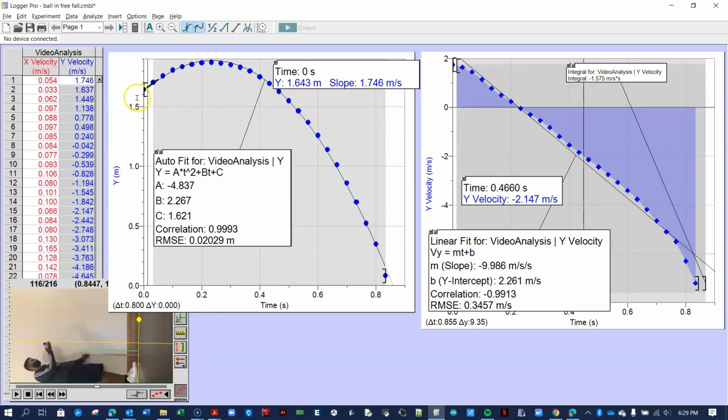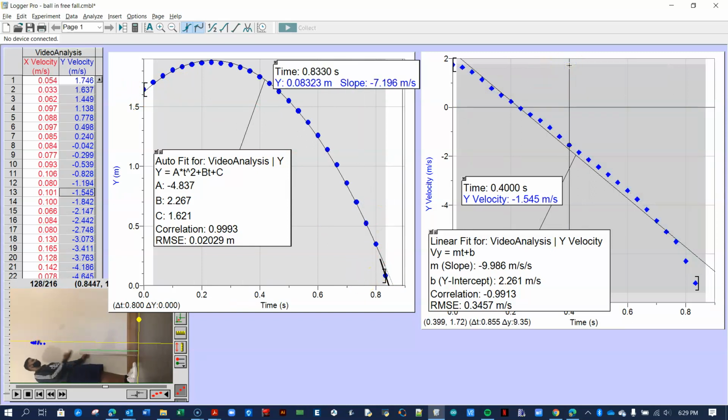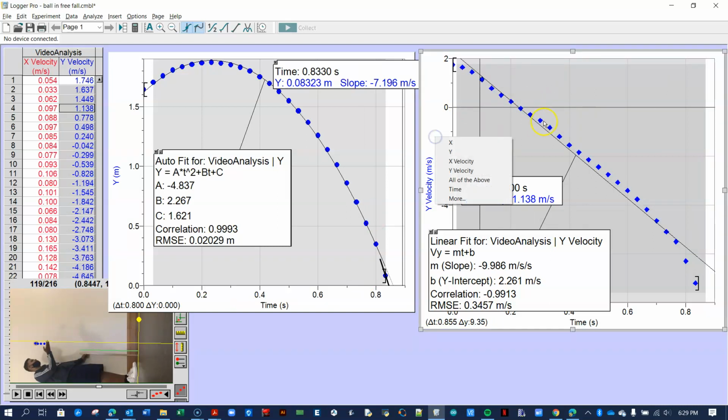And if we look over here, we go from 1.6 meters down to 0, and so that would also give us the displacement on this side. So the information is hidden in both of these graphs.